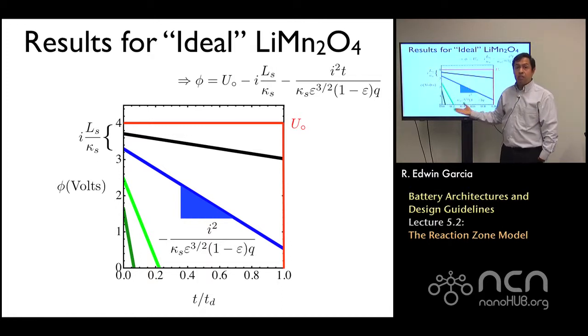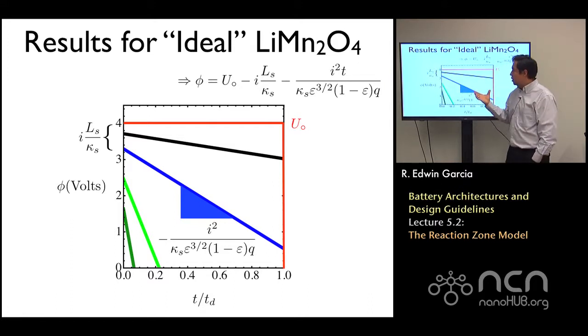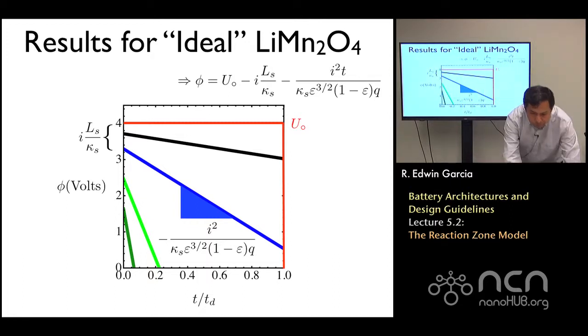And in this description, the losses as a result of the reaction, as the reaction proceeds from one extremum of the electrode to the other one, will deliver that response.